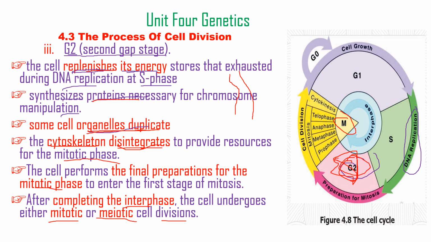When it enters the M phase, it might be mitosis, or it might be meiotic. Meiotic means a cell division which happens in gamete cells, such as sperm cells and egg cells, whereas mitosis is how normal cells divide. So after G2 ends, the cell has two chances: it might go to mitotic division, or to meiotic division.